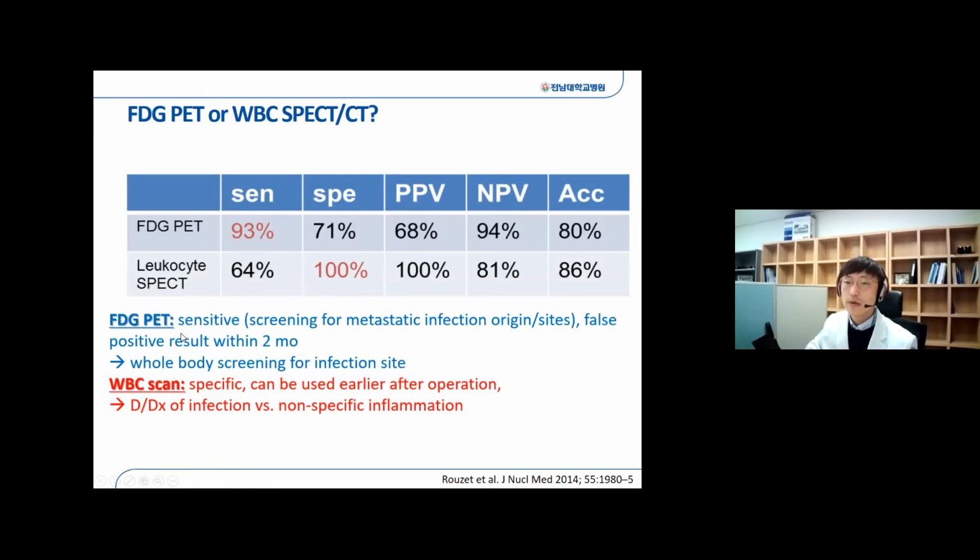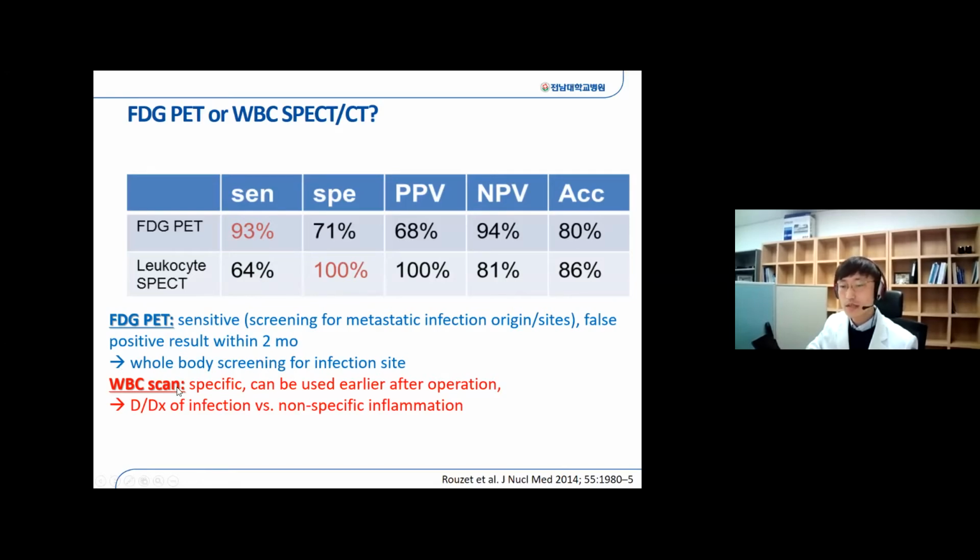So if we want to screen the patients for metastatic infection or other embolic sores in many parts of the body, we can use the FDG PET, but there can be some false positive results when the scanning is performed within 2 or 3 months after surgery.